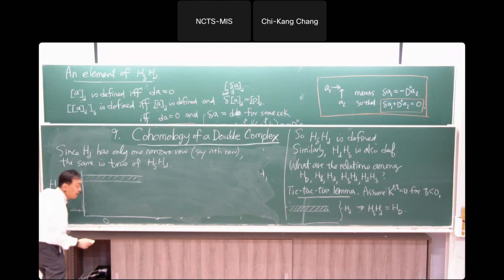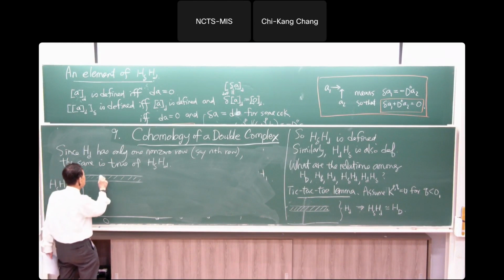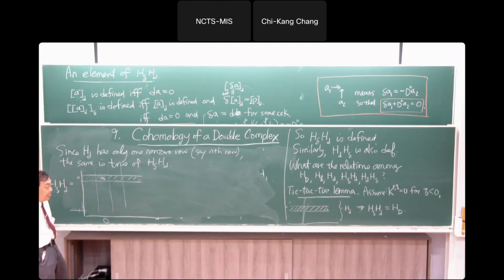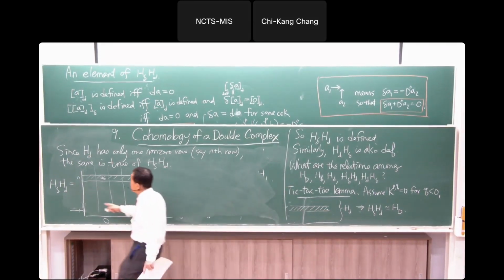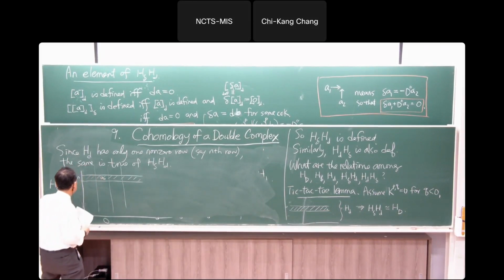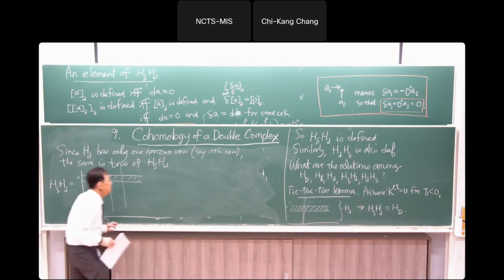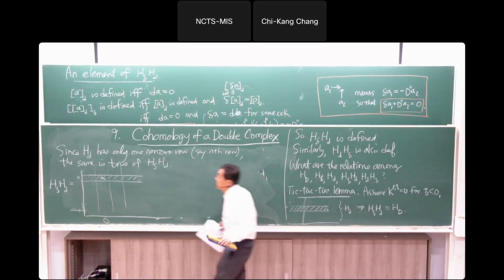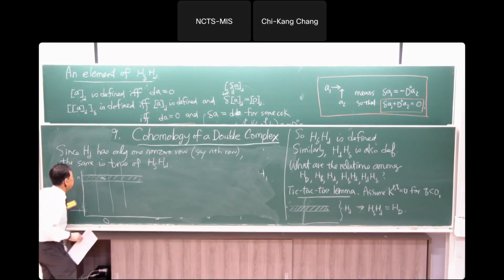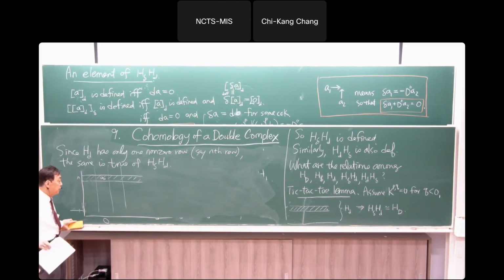There's nothing here. So I'm going to start with an element A0 here, A0 in H delta HD. Okay, that's what H delta HD looks like. But so that says I only need to look at the nth row.